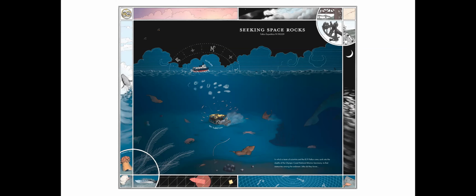And I did not know that it was a split cruise featuring both sea trials and the Seeking Space Rocks expedition. I got to spend a week living aboard a research vessel, Research Vessel Falkor, learning about her operations and living life at sea. I was then introduced to the NASA team on a mission, hunting for meteorite fragments just off the continental shelf of Washington state's coast, and getting to see the uncut live edition of that deep sea footage that you see on nature specials.